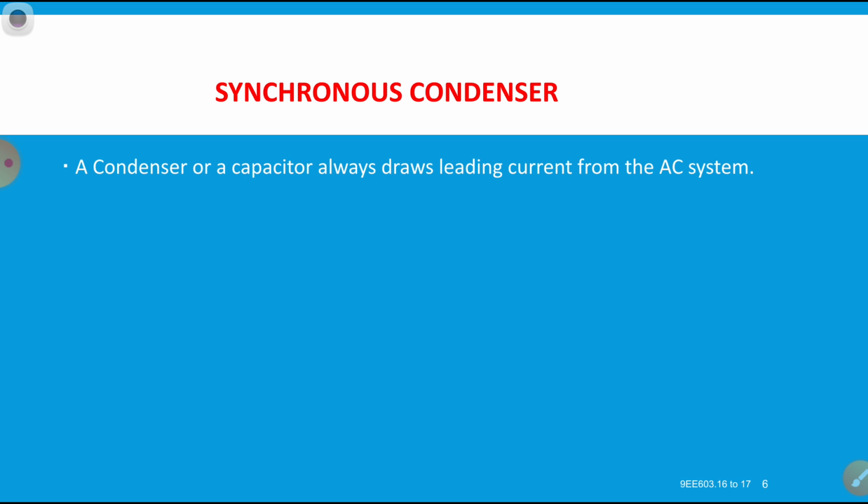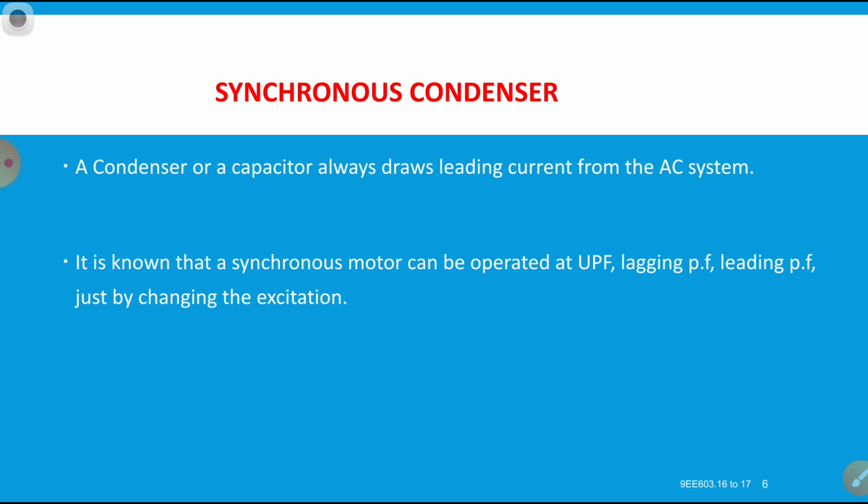So it is used as a power factor improvement device or phase advancer. A condenser or a capacitor always draws a leading current from the AC system.